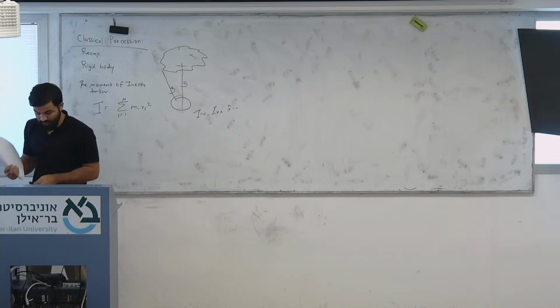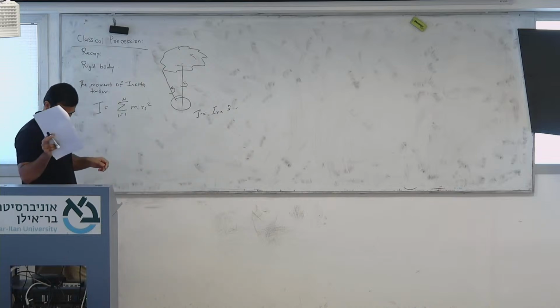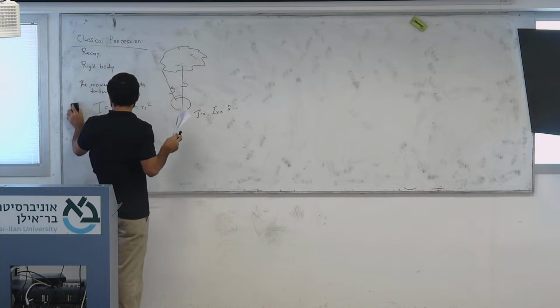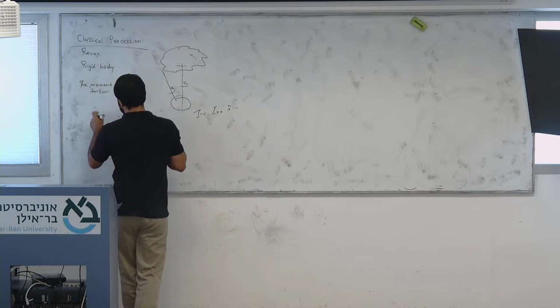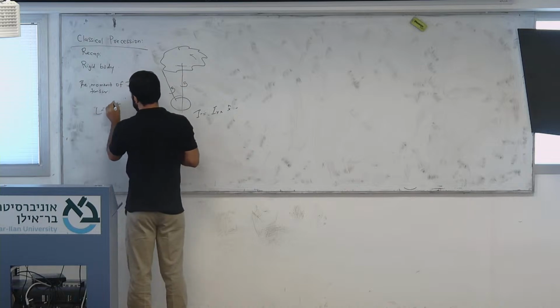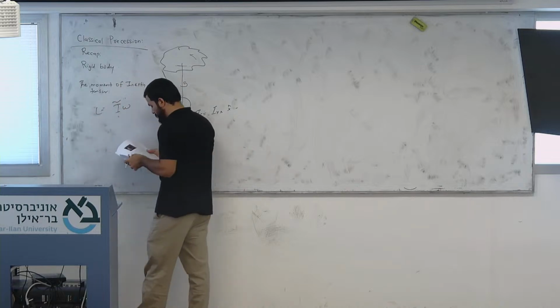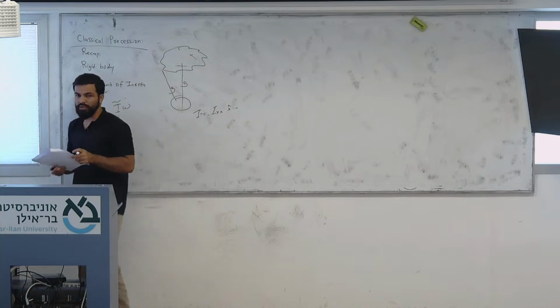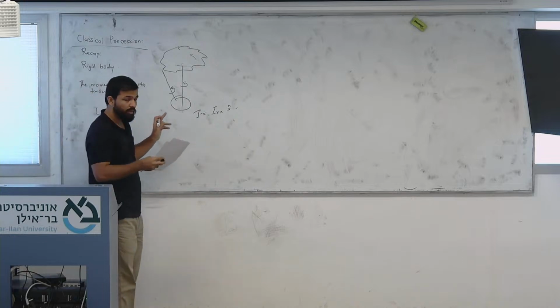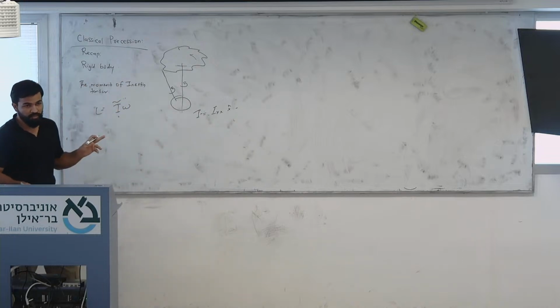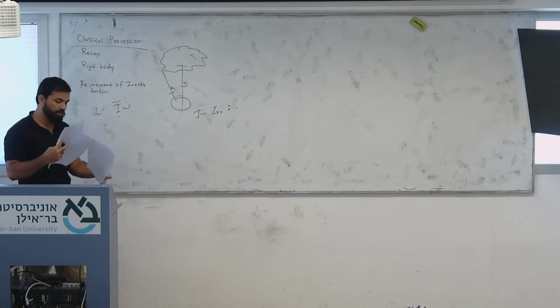So we already used angular momentum L as I omega. Then I wrote the component of angular momentum, and then we defined what the principal axis of rotation is, and all three Euler angles.